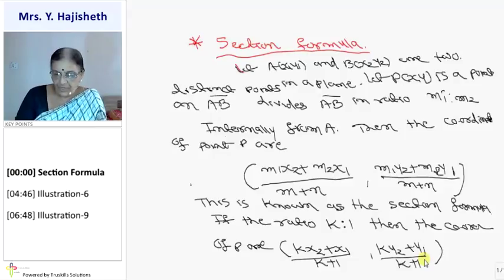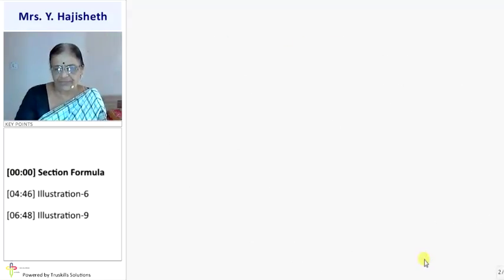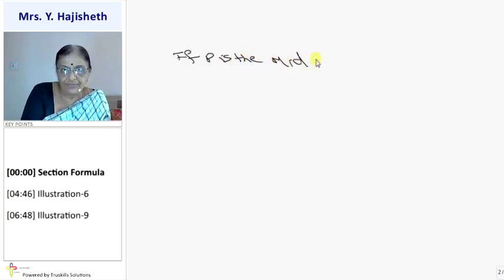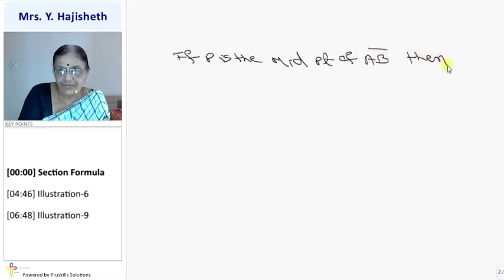Okay? And if P is the midpoint of AB, then ratio will be 1:1, okay? The ratio will be 1:1.